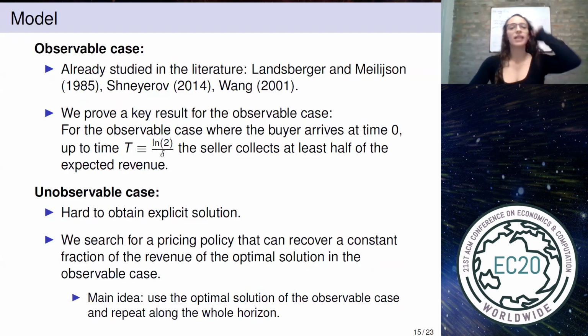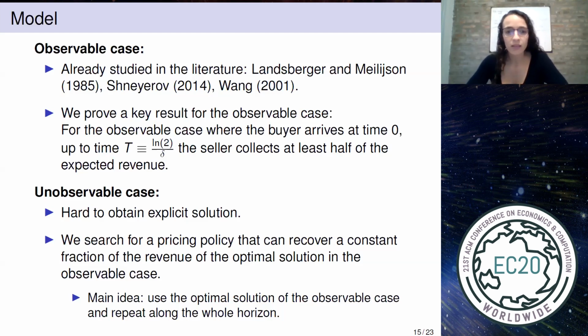So the observable case has been already studied in the literature, but we prove a key result that we will use for bounding the value of observability. Basically, this result states that for the observable case, where the buyer arrives at time 0, up to time log 2 over delta, where delta is the discount rate of the seller, she collects at least half of the expected revenue.